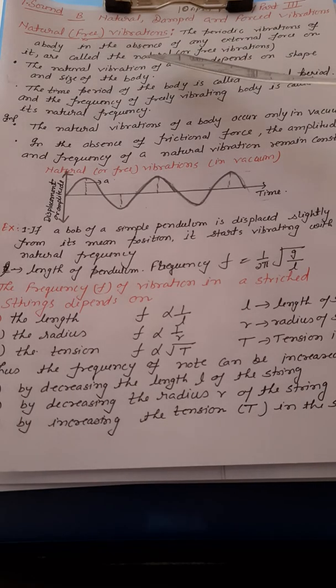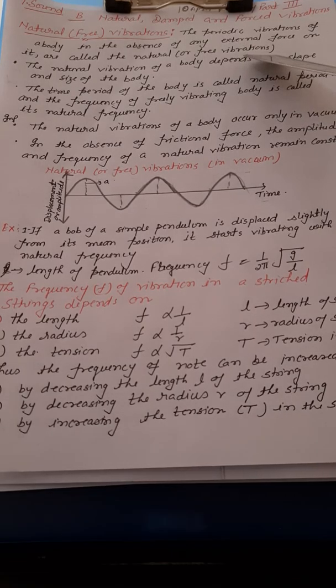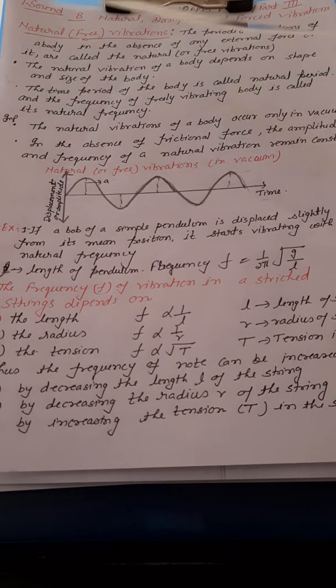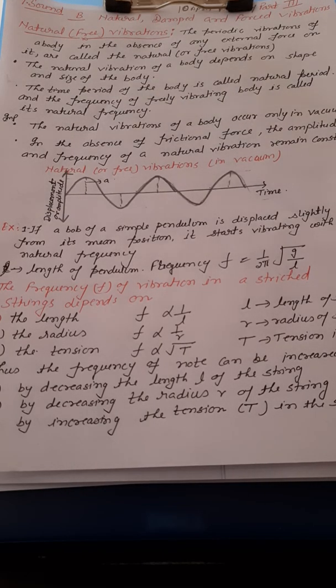Again I am repeating the definition. The periodic vibrations of a body in the absence of any external force on it are called the natural vibration or free vibrations. The natural vibration of a body depends on the shape and size of the body.